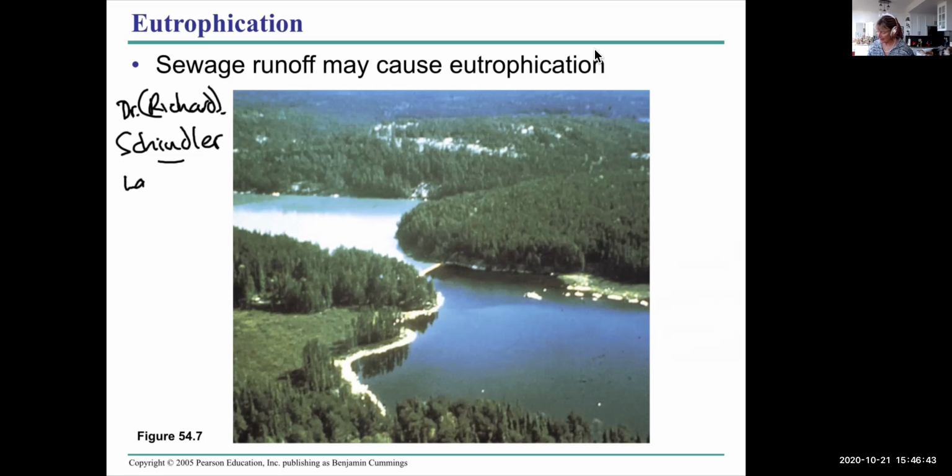The lakes were experiencing algal blooms, in other words, an enormous growth of algae, and not any kind of algae. This was cyanobacteria.